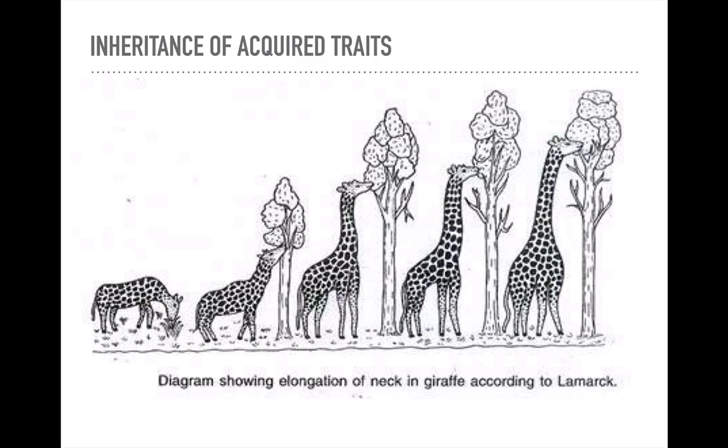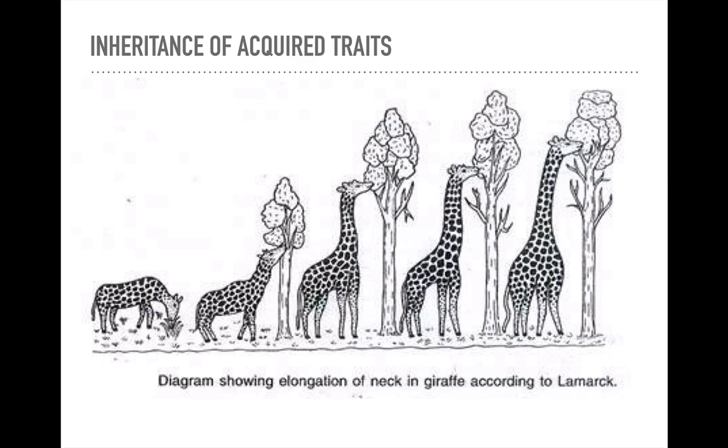Here's an example of what Lamarck used for evidence of his inheritance of acquired traits. He would look at fossils of organisms that were relatives of the giraffe. His idea was that as the giraffe needed to reach higher and higher for its food, the giraffe would stretch out its neck.